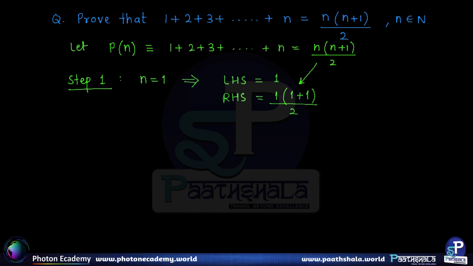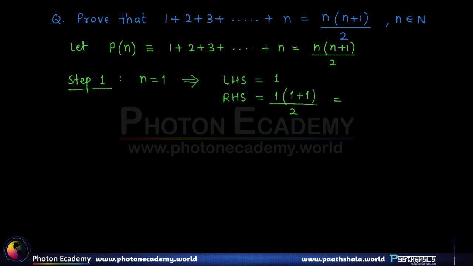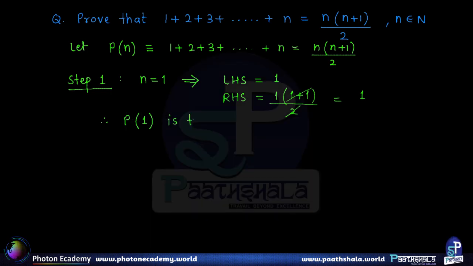So 1 plus 1 is 2, which gets cancelled, and ultimately we get 1. Since LHS and RHS are equal, we say that the proposition is true for n equal to 1. So that means P of 1 is true. It's like we have fallen down the first domino manually.